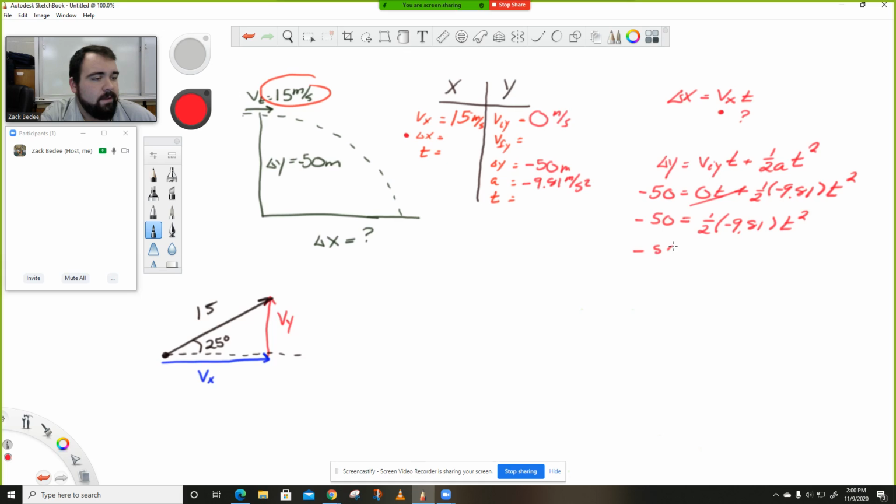So negative 50 equals negative 4.905 t squared. Get the calculator out. You get 10.19 after you divide by 4.905. And then t is the square root of that 10.19.